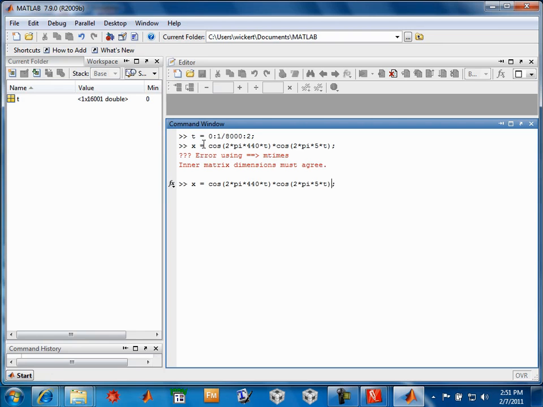Oops. What I did wrong was I didn't multiply point times point, so I got to put a point in there. I'll put in sound, and I'll divide by 2 just to scale it properly so it doesn't overload the digital audio. And I want to reconstruct it with a sampling rate of 8,000.